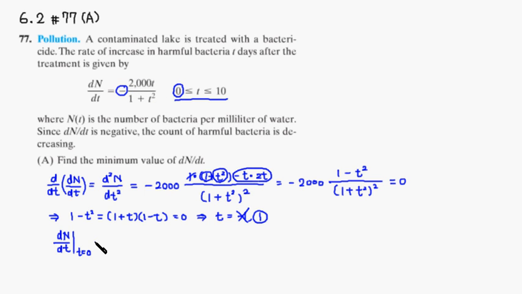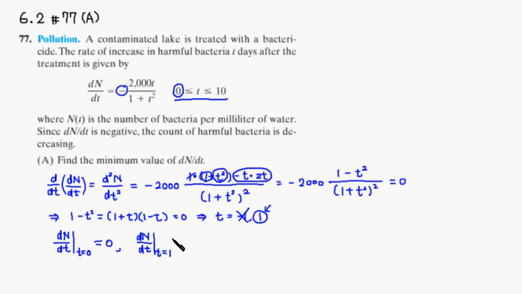So I'm going to say this is 0. And if you look at dn over dt evaluated at t equals 1, that's the critical number right here.